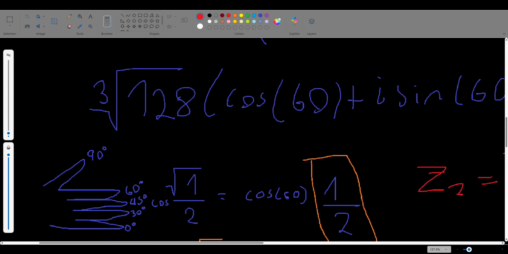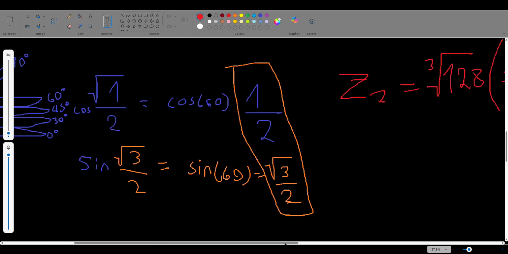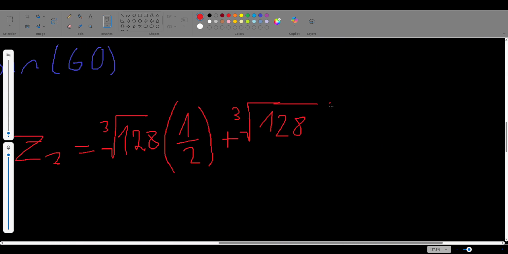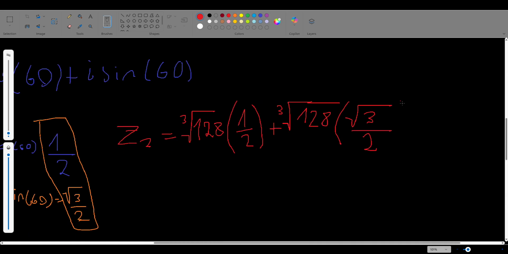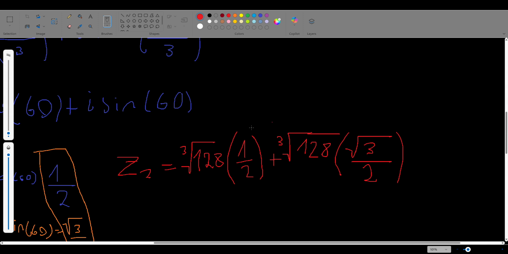It was the square root of 3 divided by 2, okay? Square root of 3 divided by 2. So on your answer sheet, when they ask you for the complex roots of this expression, your z2 is going to be this, and remember, our z1 is going to be 0.